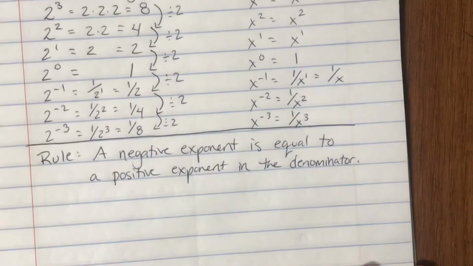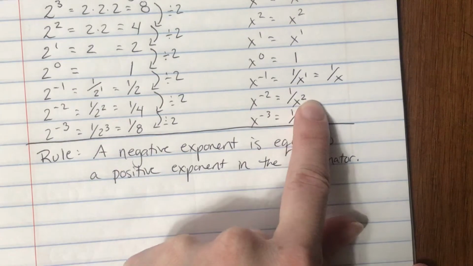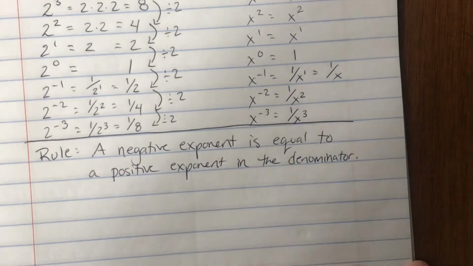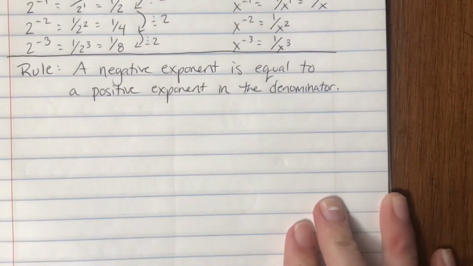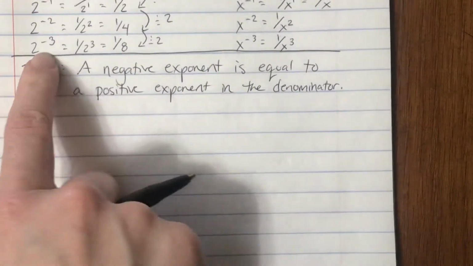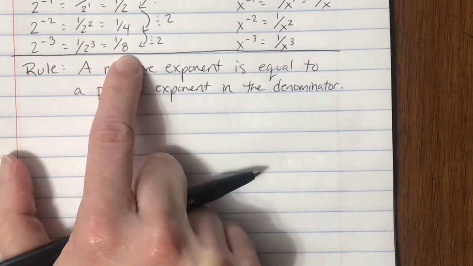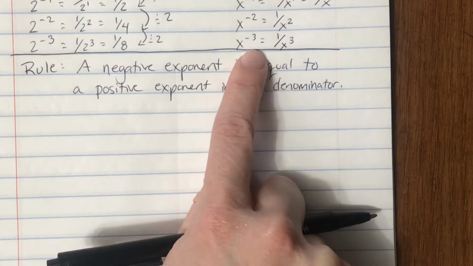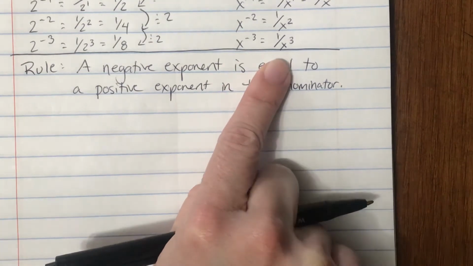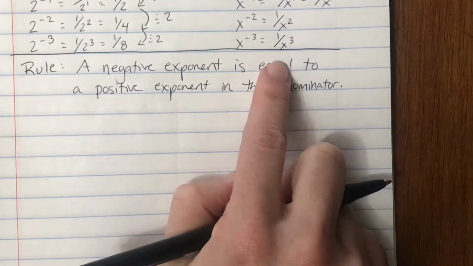So if you have a negative exponent, we're going to make it a positive exponent in the denominator. Now, if you're dealing with a number, of course, just like these 2 to the third power, it's going to come out to be a number in the bottom. If you're dealing with a variable, it's just going to land in the denominator.